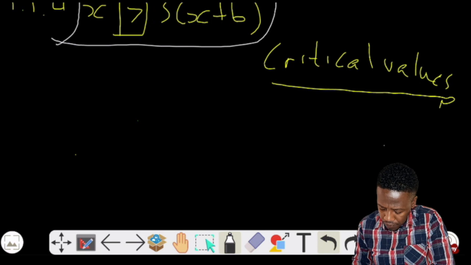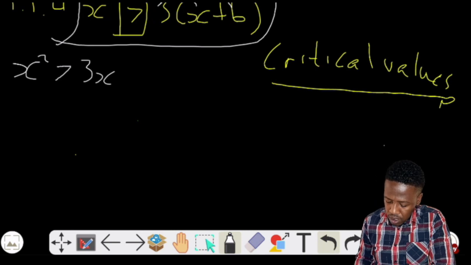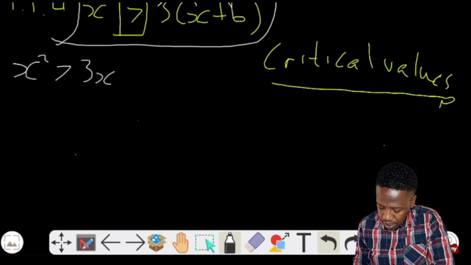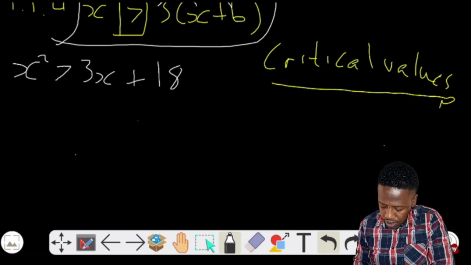Now let's start. We are going to have x squared greater than 3x. If we distribute the 3 to the x and to the 6, it's 3x plus 18, and let's get everything on one side.